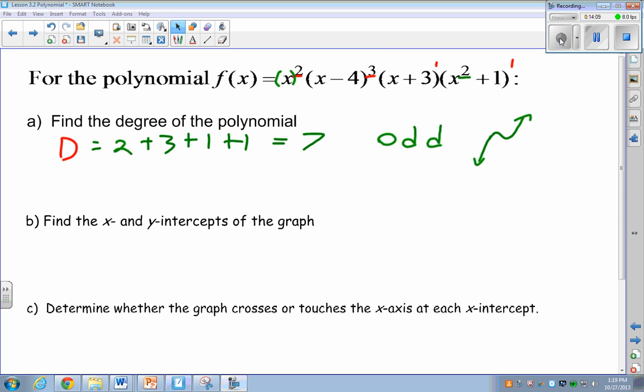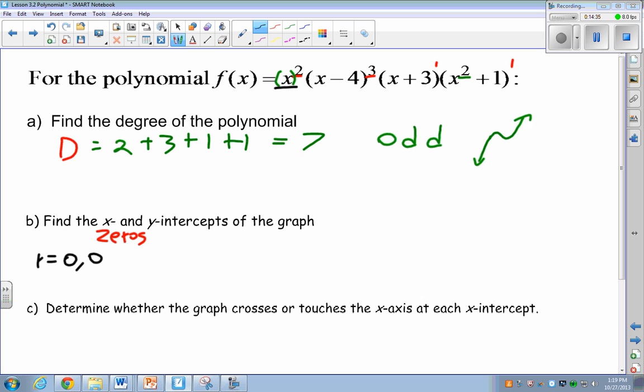All right, so what are the x and y intercepts of this graph? The x-intercepts are just those zeros we were finding earlier. So in order to make f of x equal to 0, we just have to have x, or r0, equal to 0. And I'm going to do the same thing I did before with the multiplicity and write 0 down twice since we have an exponent of 2.